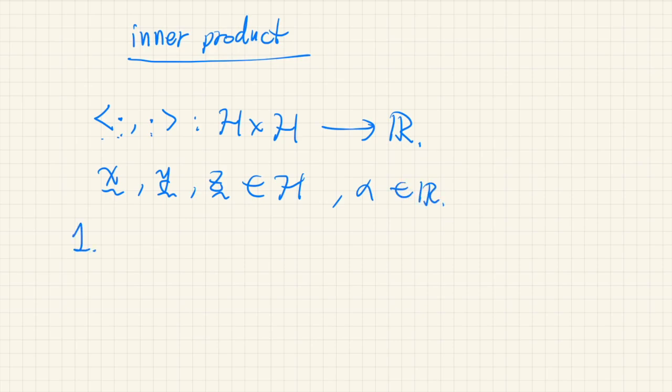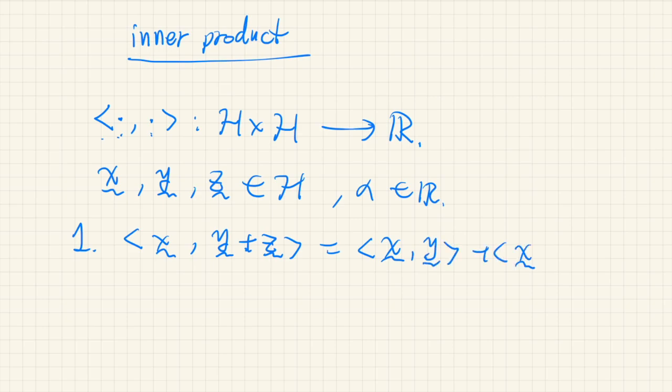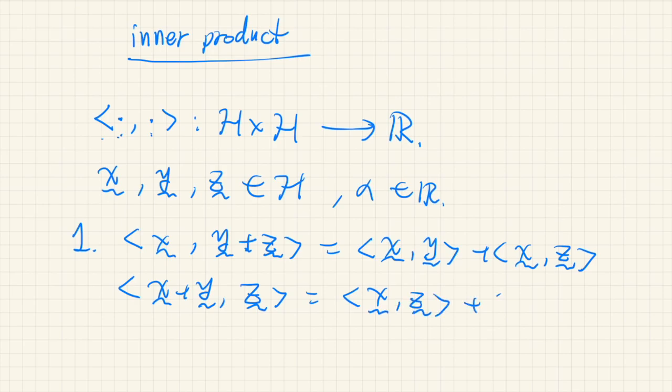First, the inner product between x and y plus z can be split into two parts: the inner product between x and y plus the inner product between x and z. And similarly, the inner product between x plus y and z can be split into two parts, the inner product between x and z and between y and z.